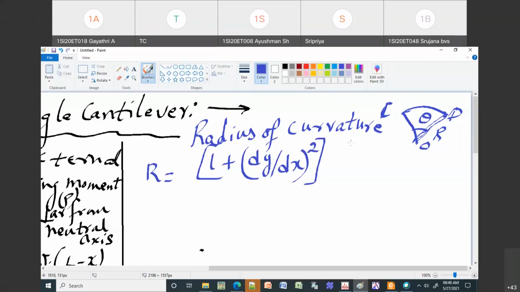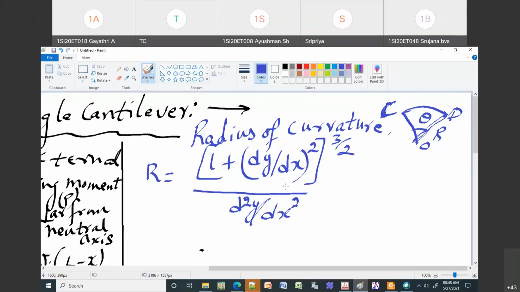I don't remember exactly where, but it's in differential calculus. R is equal to 1 plus dy by dx whole square, to the power of 3 by 2, divided by d square y by dx square. So that will be your radius of curvature.